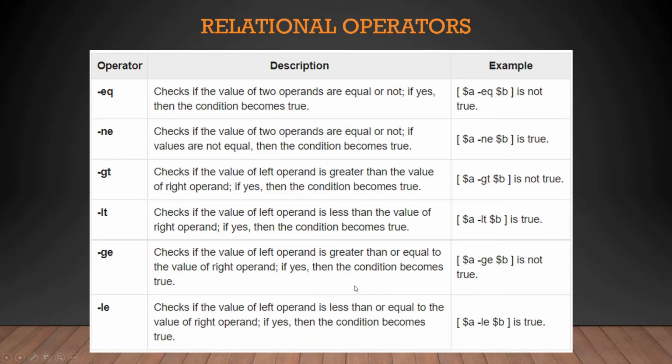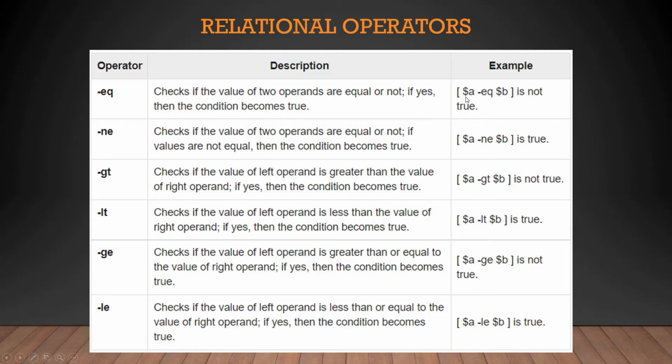Let's move forward. Let's talk about the relational operators. So the relational operators are -eq, which is equal, -ne, which is not equal, -gt is greater than, -lt is less than, -ge is greater than or equal to, and -le is less than or equal to.